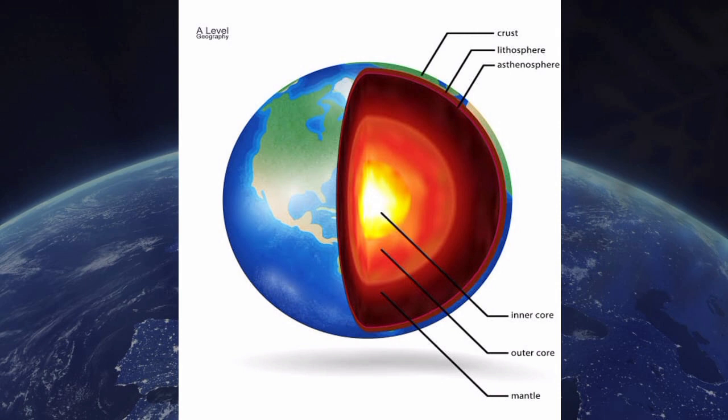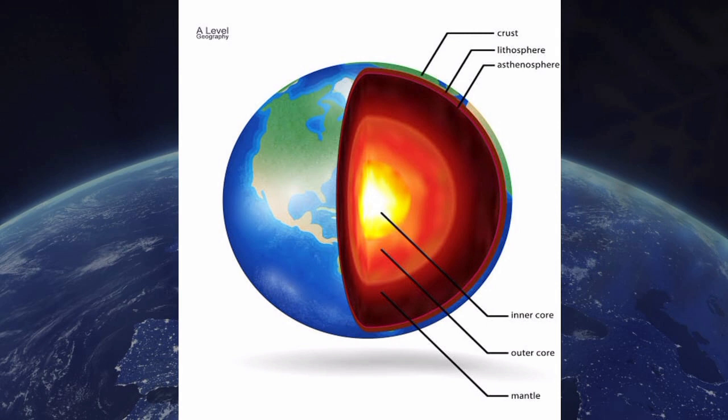It is broadly categorized into three layers. The inner part is called the core. The denser materials are mostly present in the core, the next part is the mantle, and the upper part is called the crust. Between the crust and mantle, there is a semi-molten layer called the asthenosphere.